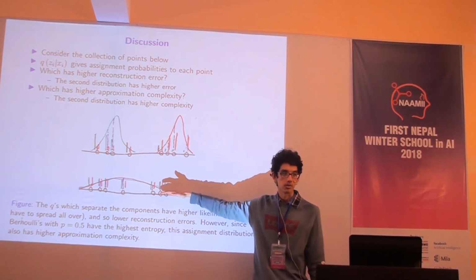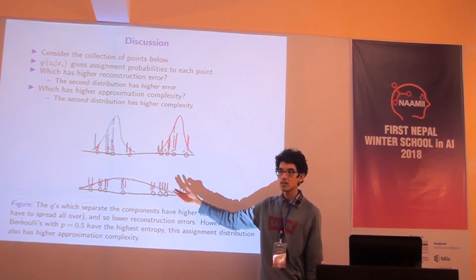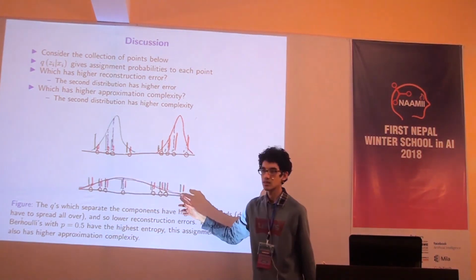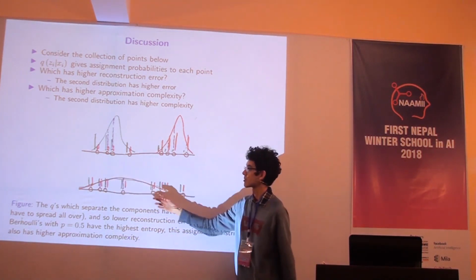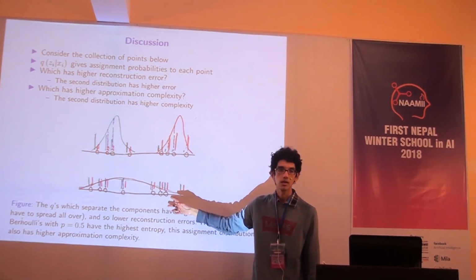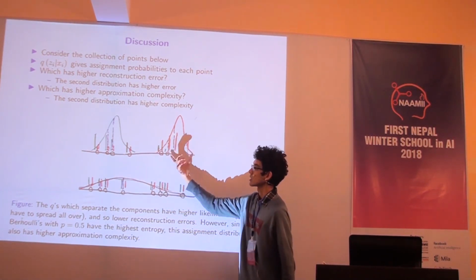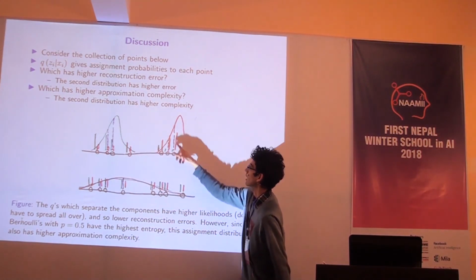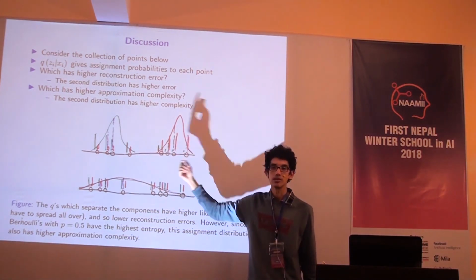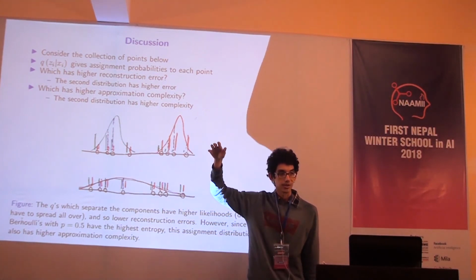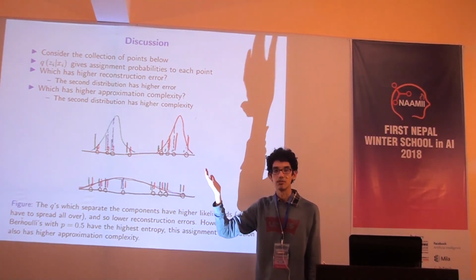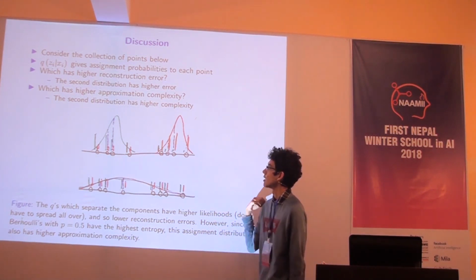Since the likelihood is a product of all the heights on these lines for these points, that product of the heights is going to be smaller than if I knew that these points were red and these points are green, where my likelihoods are actually quite high. When I multiply those numbers together, they're going to be larger. So my expectation of this log likelihood is going to be bigger. So that's the reconstruction error part.